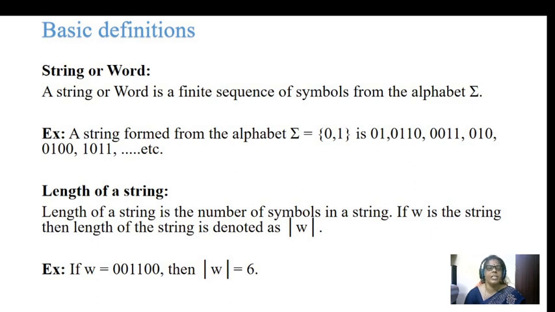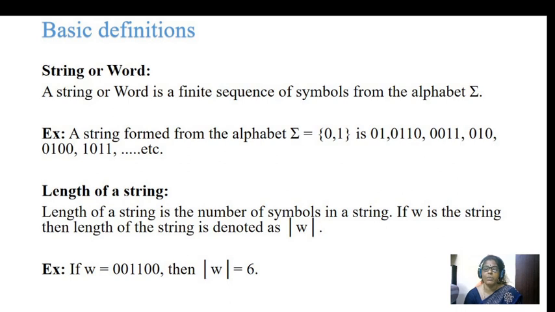Okay. Length of a string. What is the length of a string? Here, look at 01. 01 means two symbols in it, so the length of the string 01 is 2. Here 0110: four numerals are present, so the length of this string is 4. Similarly, the length of a string is the number of symbols in the string.